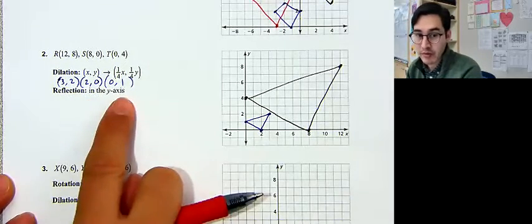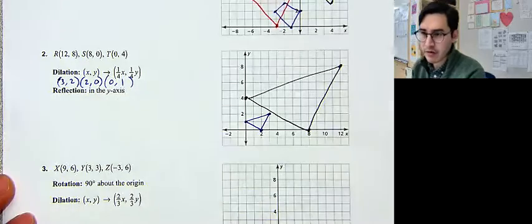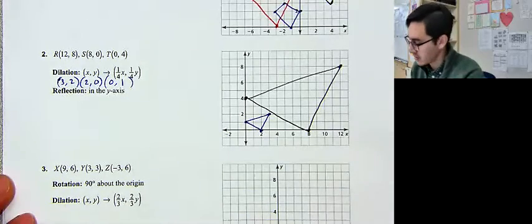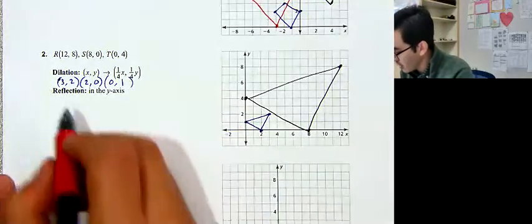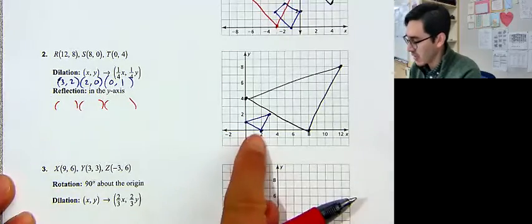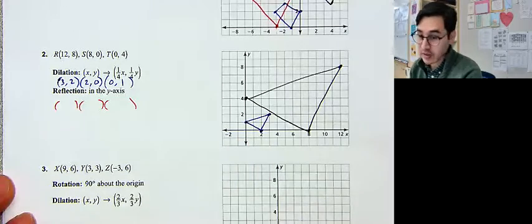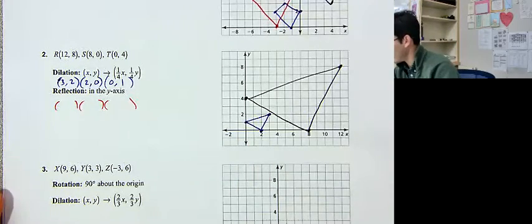The last thing we're going to do is reflect in the y-axis. Okay, so that means we're going to flip it across the y-axis. All that's going to happen is that the y-coordinates are going to stay the same, and the x-coordinates are going to change their sign.